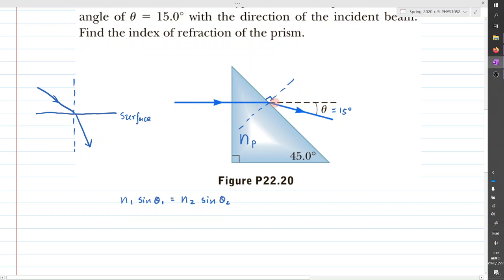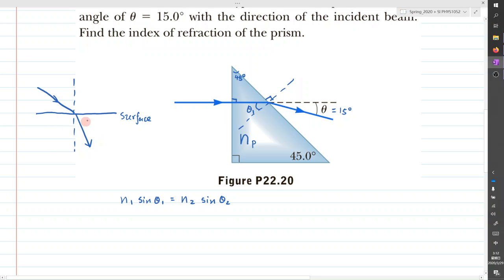This is the incident beam. It's not explicitly said in the problem, but I'm going to assume this is 90 degrees, or else we can't solve it. It's a 45-90 degree triangle, so I'm going to put a 45 here. Let's figure out theta 1 and theta 2 first. Theta 1 is the incident light with respect to the normal.